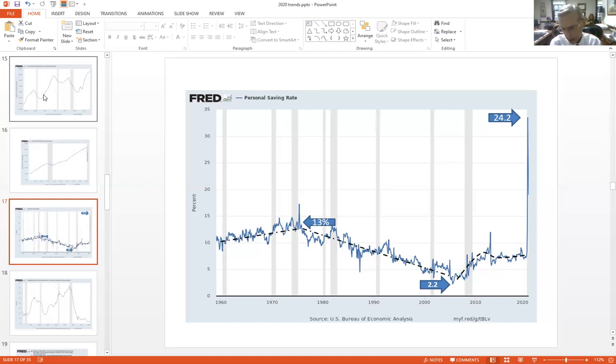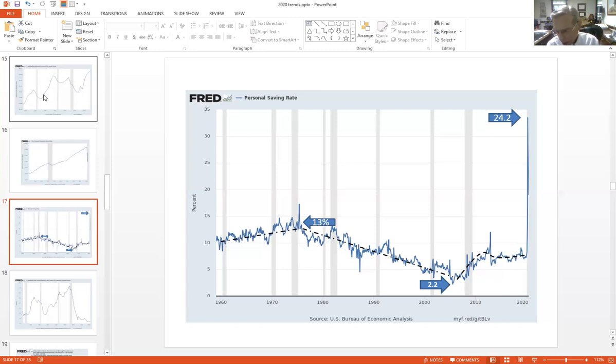Anyway, we then moved up in the direction of about 10%, and had leveled off at about 8%, which was a good, healthy saving level until, boom, we had this deluge of dollars, the dollar deluge, and the saving rate jumped up to 24%.